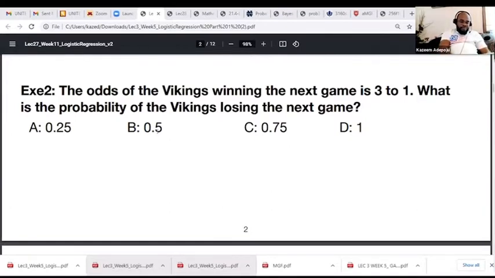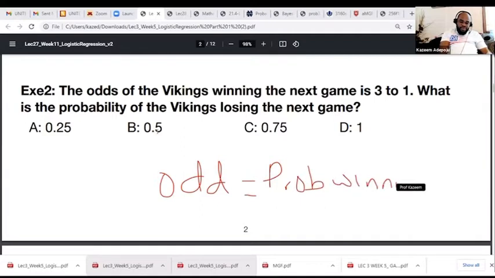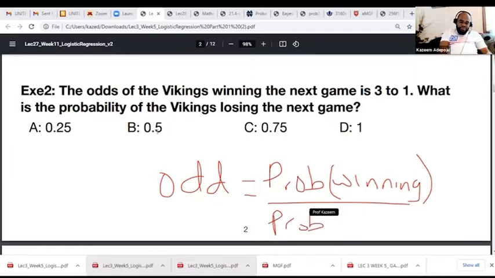Because when we talk about odds, you're going to have the probability of winning divided by the probability of losing.